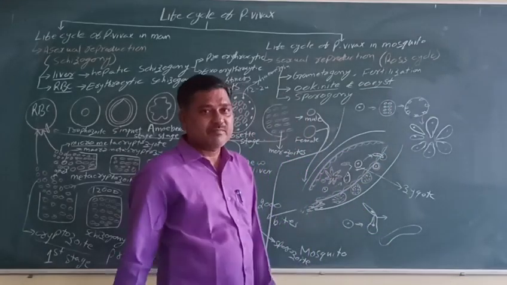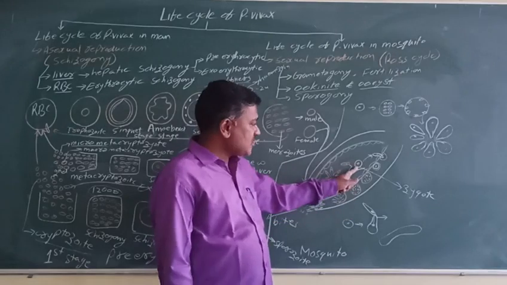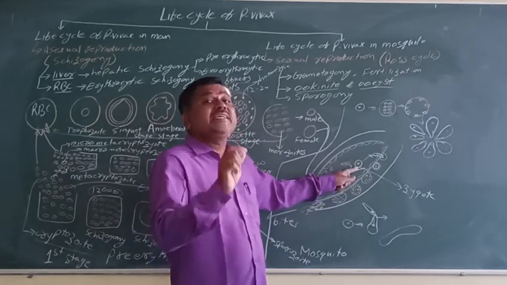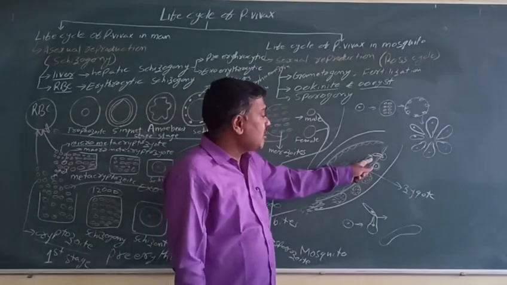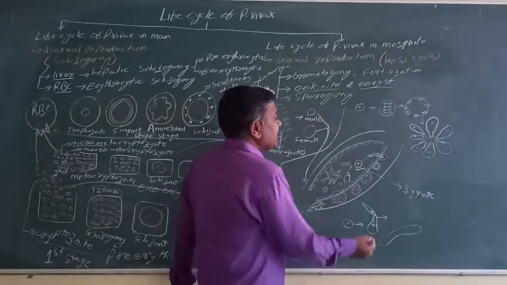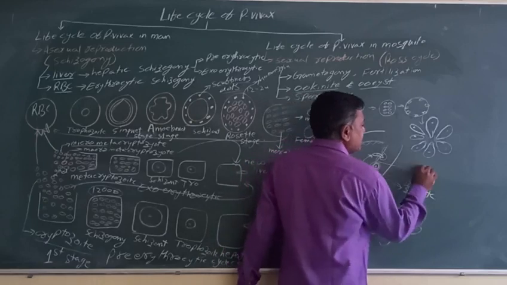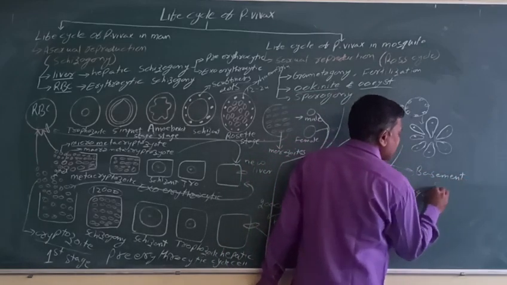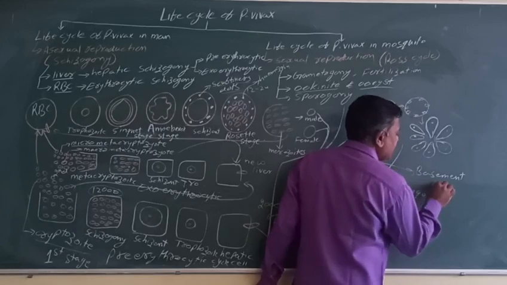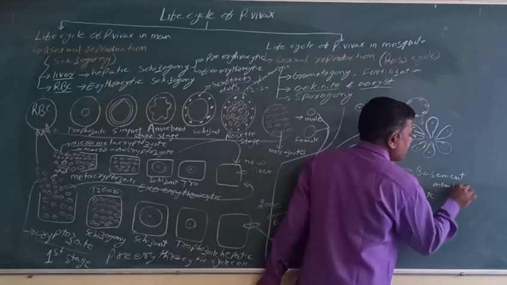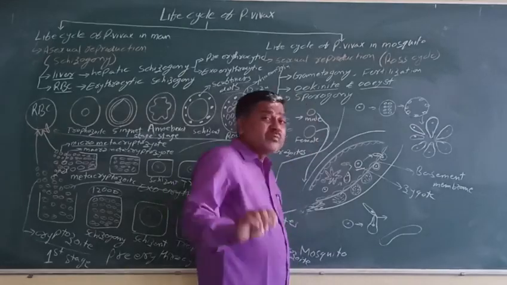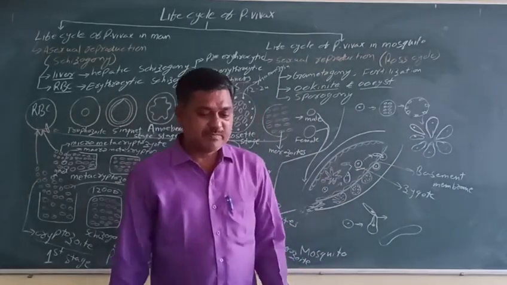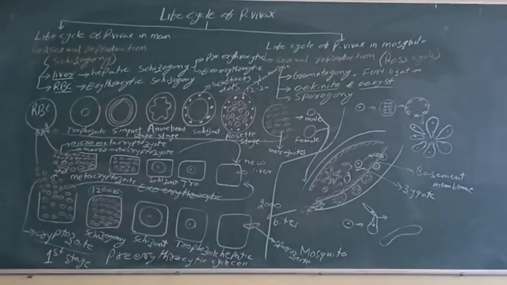the oocyst. What happens? The zygote changes its structure, becomes elongated, crosses the crop wall, comes outside, and makes attachment to the basement membrane, and it develops a cyst wall. That's why it is called an oocyst.